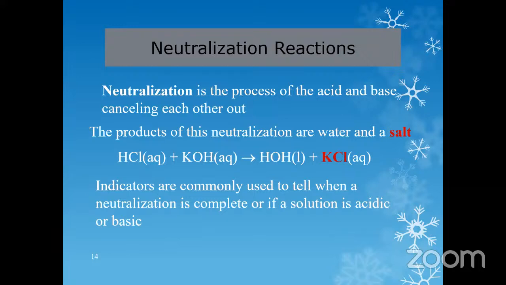Okay, so we're just going to go with this notion that all the products, the water and the salt, will be neutral. So that's a neutralization reaction, and we typically use indicators to tell whether or not the reaction is complete. And for those of you, well, one person, who's in my lab, you're going to get the opportunity to actually see this at work when we are doing the experiment where we're determining the amount of acetic acid in commercial vinegar, right?